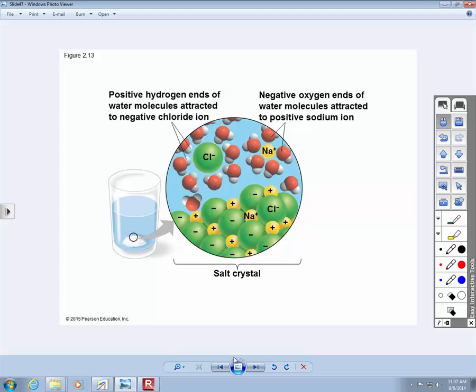And the sodium, which is positive, all the partially negative oxygens are going to be attracted to that positive sodium. And so you've got these hydration shells that go all the way around that ion.